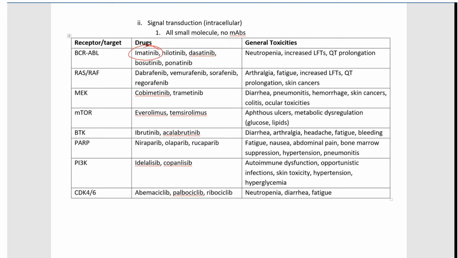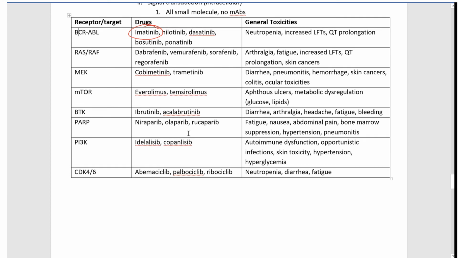Imatinib is our first generation TKI, and your subsequent generation TKIs will have activity against different mutations. So the general toxicities here with BCR-ABL would be things like neutropenia and QT prolongation for some of the products as well.